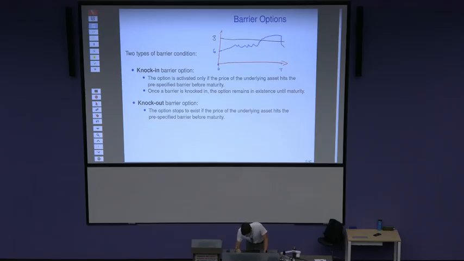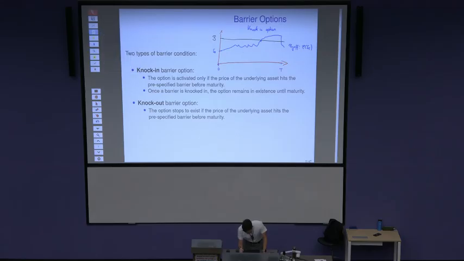So if we have a knock-in option, in this situation, the payoff would be phi of S_T, right? Because at this point, the option becomes activated, and then we get the payoff. Even though at the end we land below the barrier, this doesn't matter. It just matters that there's one point where we hit the barrier.